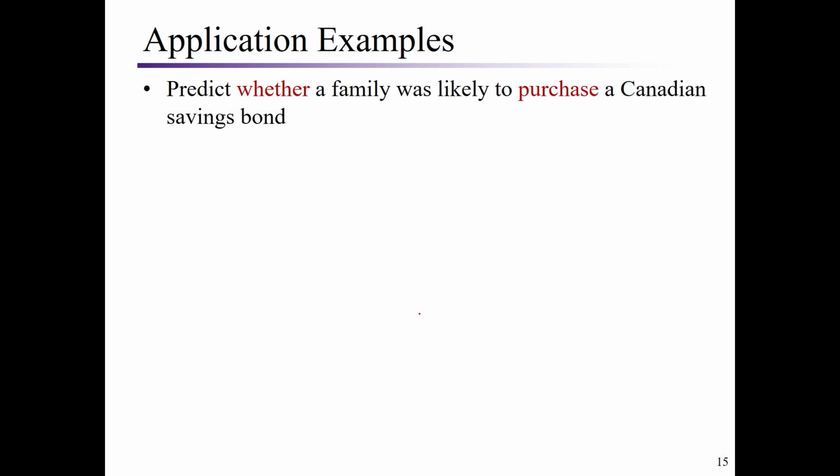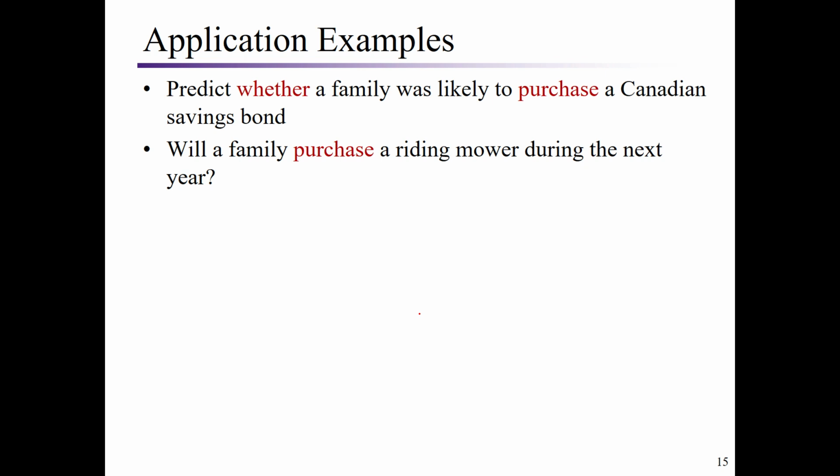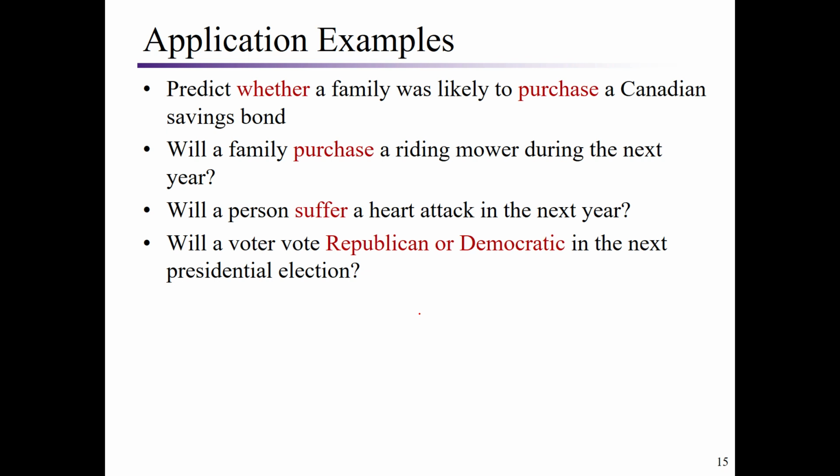Predict whether a family was likely to purchase a Canadian savings bond, or will a family purchase a riding mower or not? Will a person suffer a heart attack or not? Will a voter vote Republican or not? Something like that.